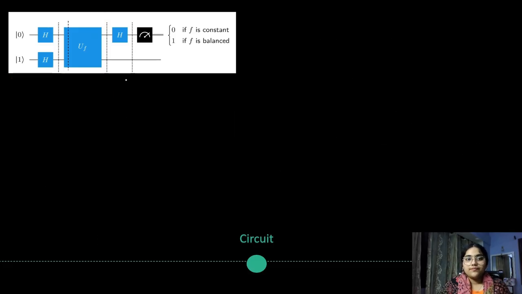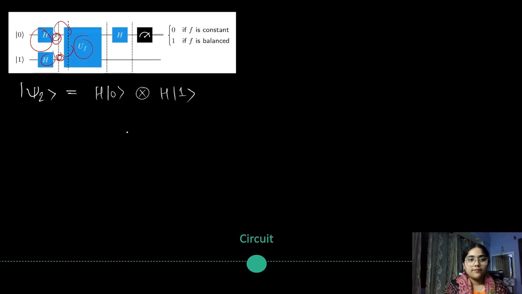Then comes psi 2. Psi 2 is what we get when these two are input into the UF gate. Before inputting into the UF gate, the two outputs that we get at psi 1 are combined using a tensor product. So psi 2 is nothing but H on 0 tensor product with H on 1.